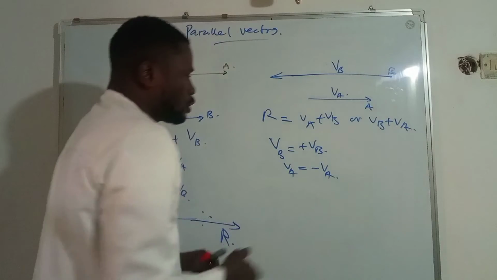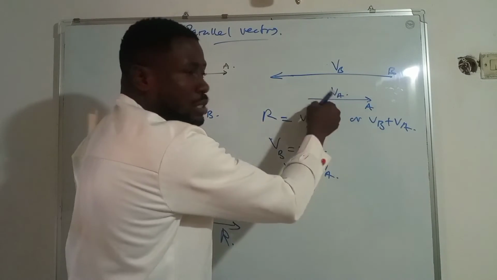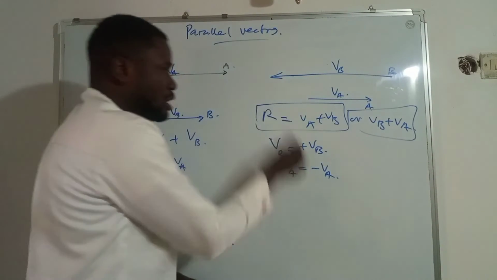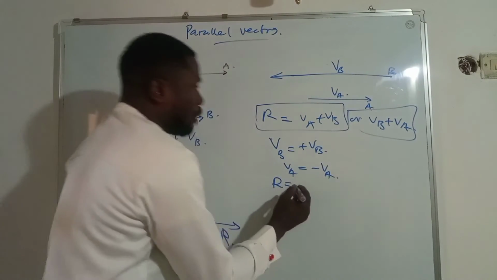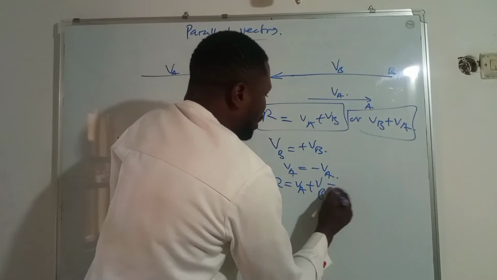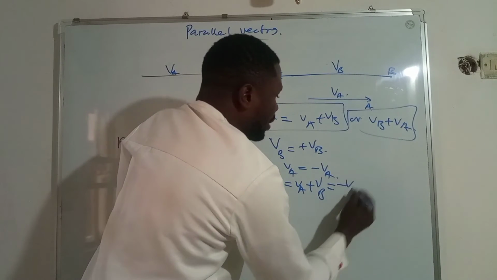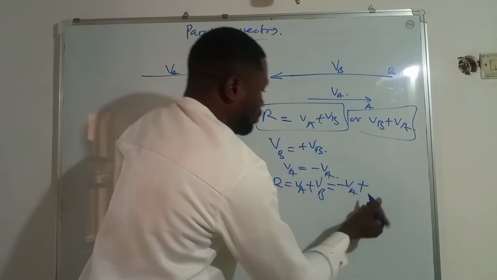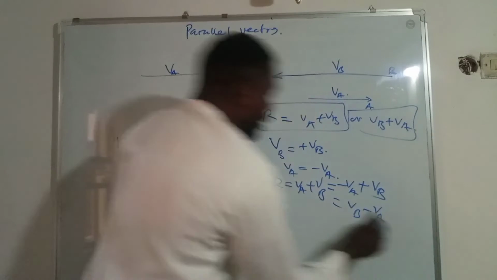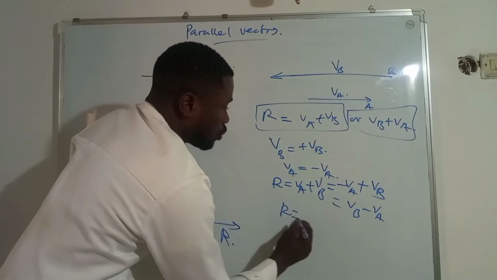Now, if I have done so, you can see if I substitute this into this formula, this is the fundamental formula. If I substitute this there, the resultant, which was VA plus VB, will now be equal to minus VA plus VB, which is positive, and then this will turn to VB minus VA.